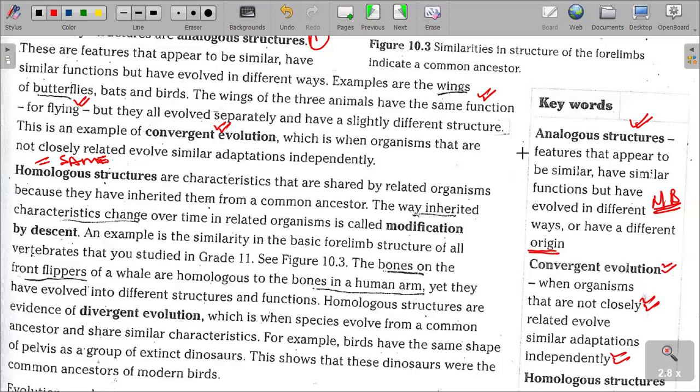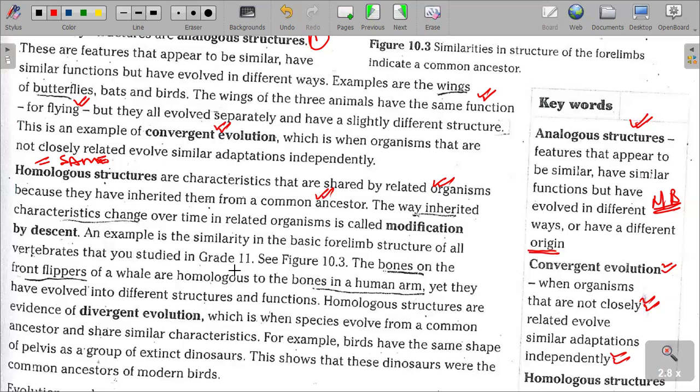So there is quite a big difference between analogous and homologous structures.